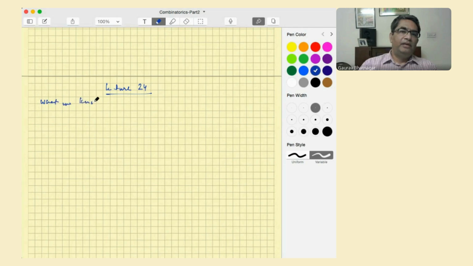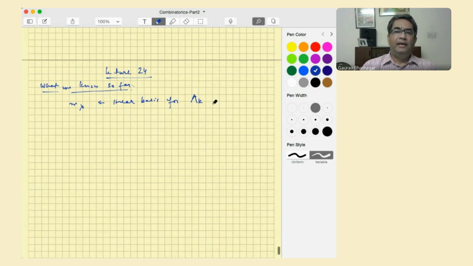So whatever we can learn. There's no big target here. What we know so far: there is m lambda. It's a linear basis for lambda k, depending on whatever m it could be.